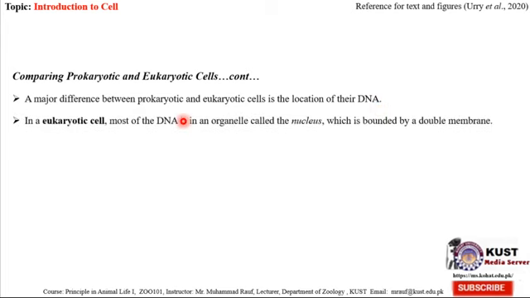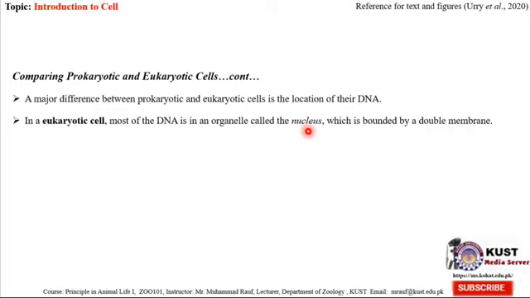In a eukaryotic cell, most of the DNA is in an organelle called the nucleus. So the nucleus is the most distinct organelle in a cell, and it is bounded by a double membrane.